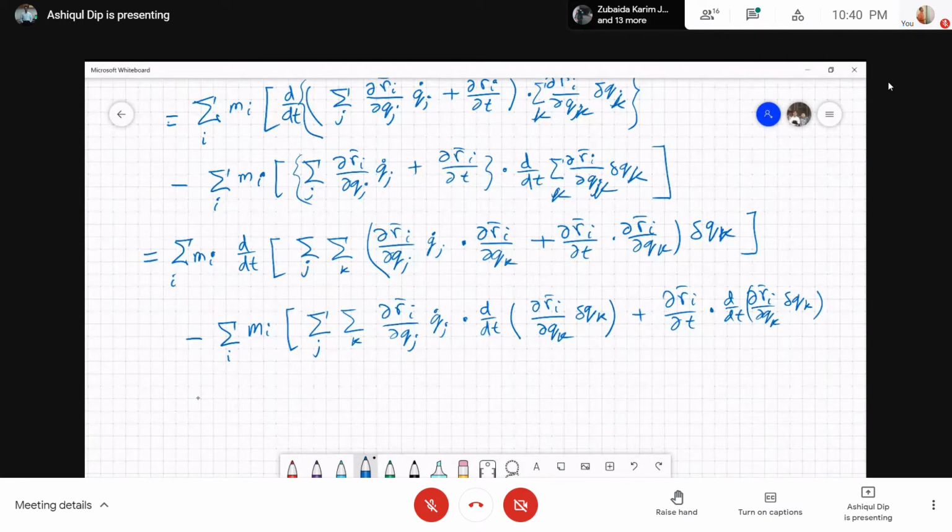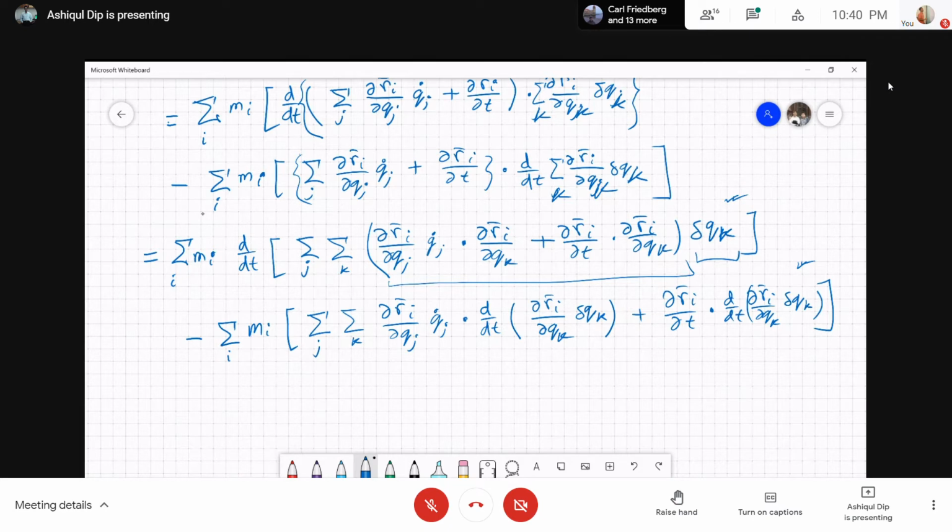Okay, so now our main goal is, look, here we have a derivative, but inside of the derivative we have the variation of q_k. So we actually somehow cancel the derivative of q_k from here and from there as well. So we expand this part in product rule, but only take this thing as a whole and the rest as one part.